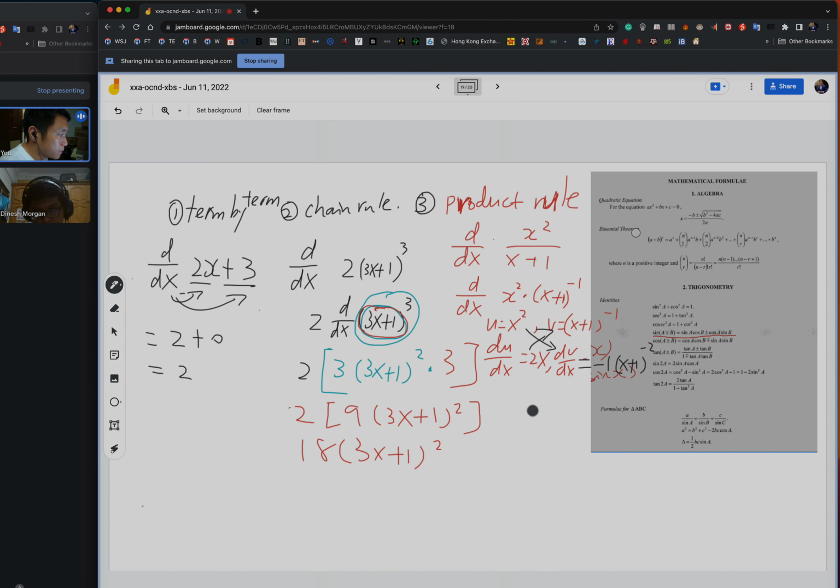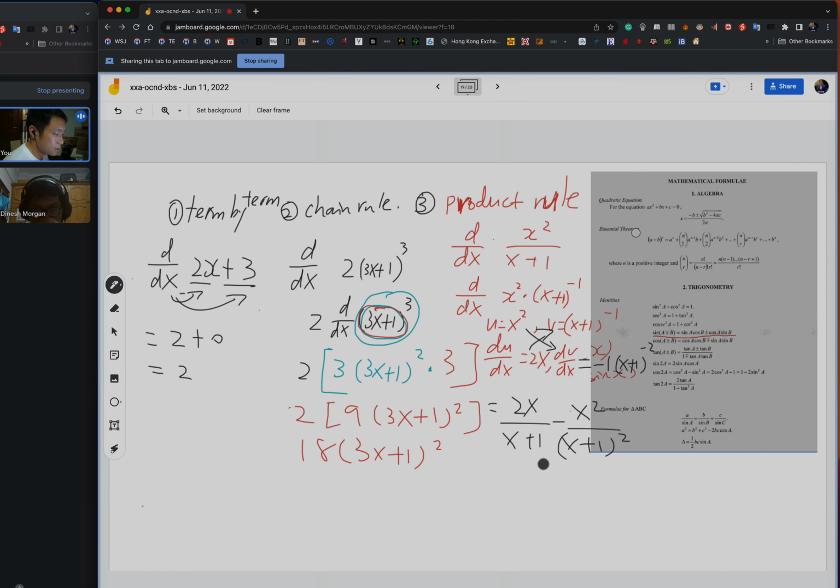So you cross multiply. So you end up with 2x over x plus 1, then minus x squared over, so let me just get, so far so good. This is product rule.